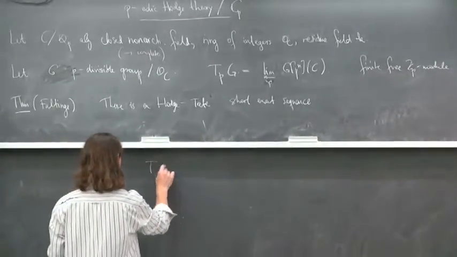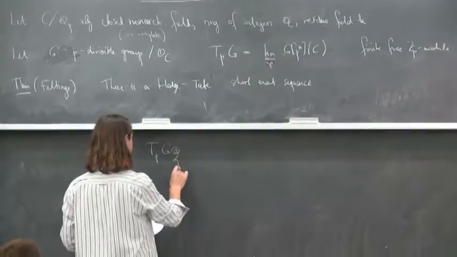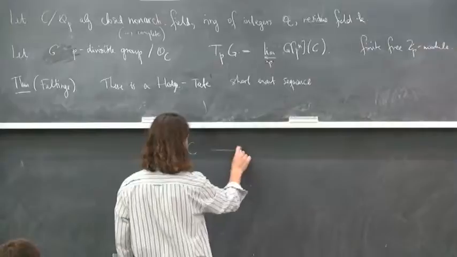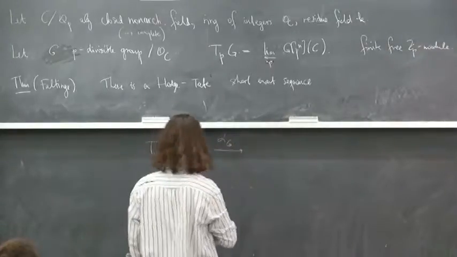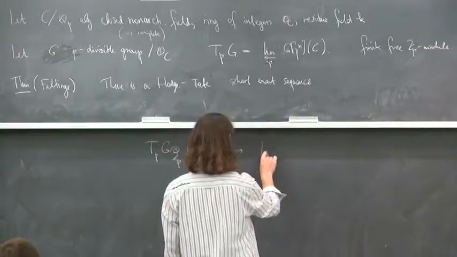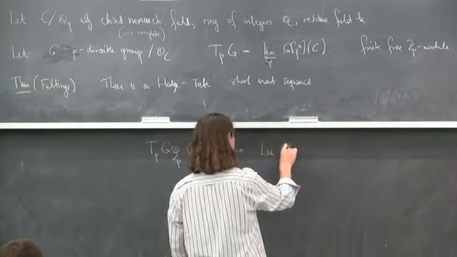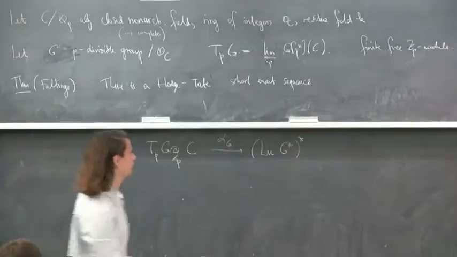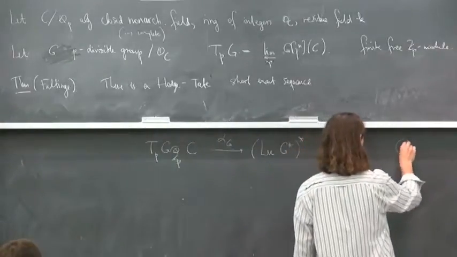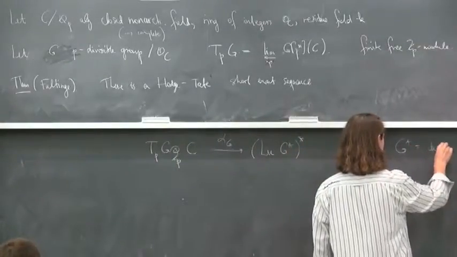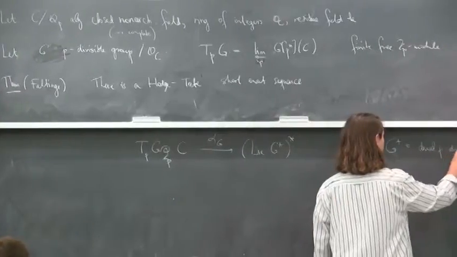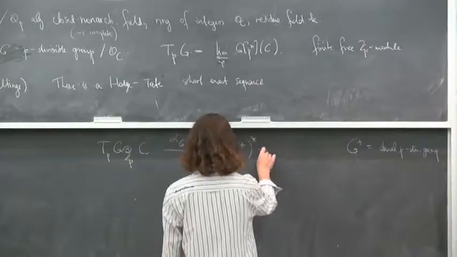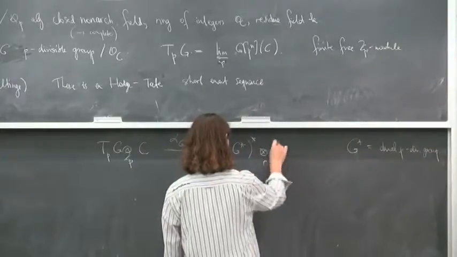We have the Tate module of G, tensored up to C. And then there is a natural map, maybe called alpha of G, which goes to the dual of the Lie algebra of the dual p-divisible group, G dual, which lives over O_C, and so we just invert p.